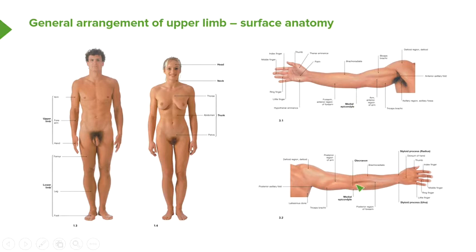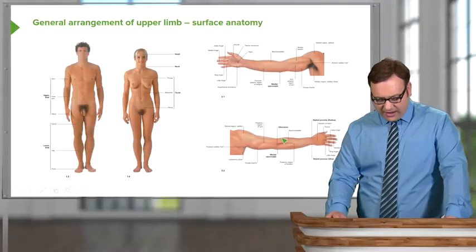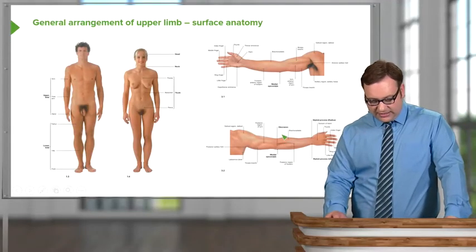We can see the olecranon, this bony prominence on the posterior surface of the elbow. Once again, if we move into the forearm, we can see this posterior aspect here, and on the lateral aspect, running along the same side as the thumb, we can see brachioradialis.